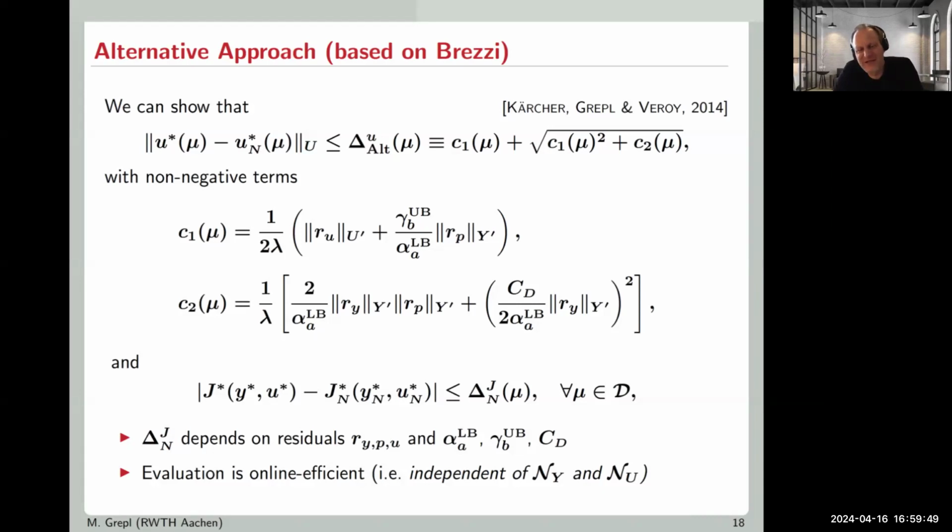I think it all depends on how the literature and the work will go on error bounds or on certifiable reduced order models for the forward problem itself.